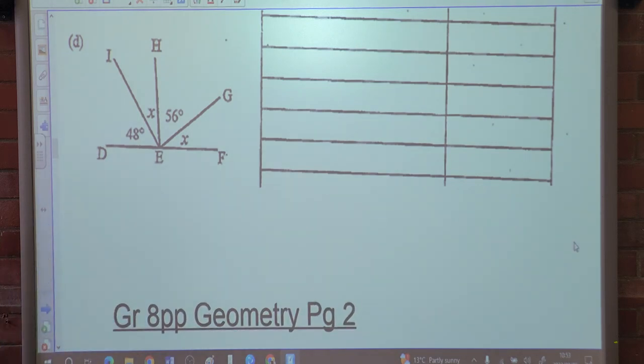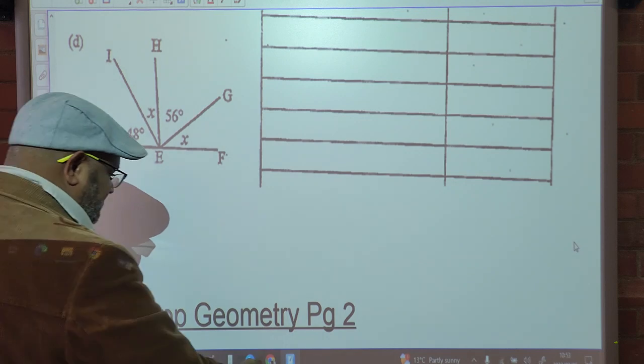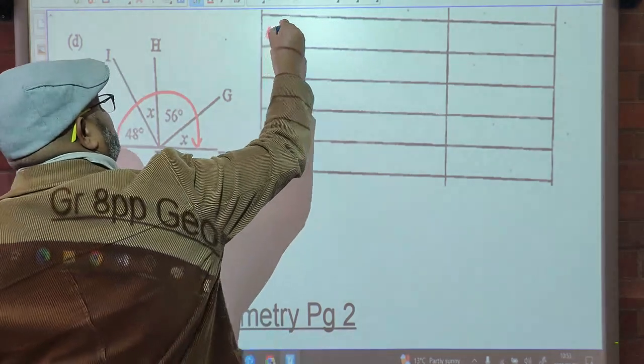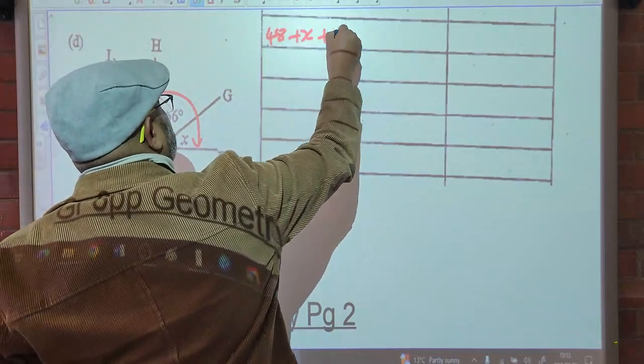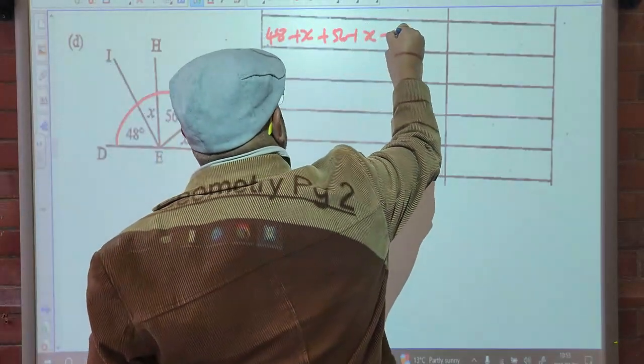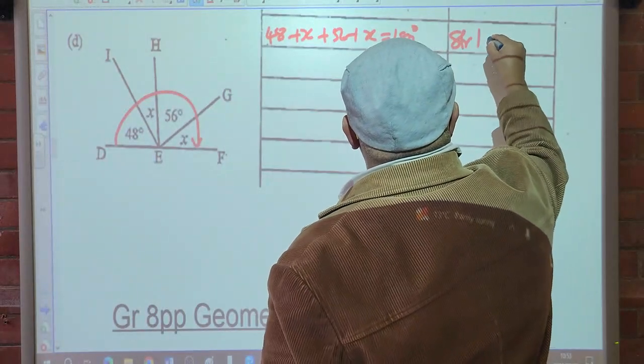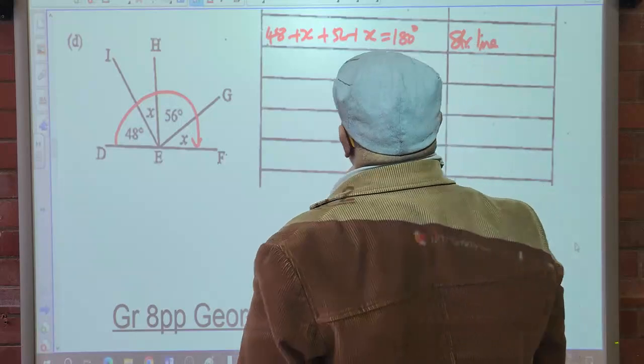What's going to happen here? Also angles on a straight line. So we say 48 plus x plus 56 plus x is equal to 180. Why? Straight line, or angles on a straight line.